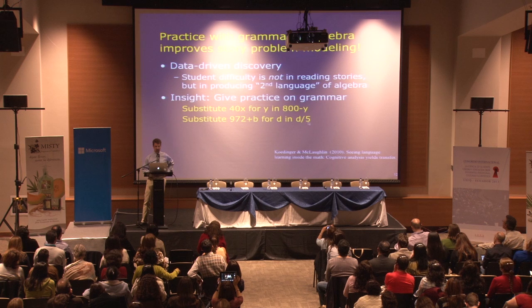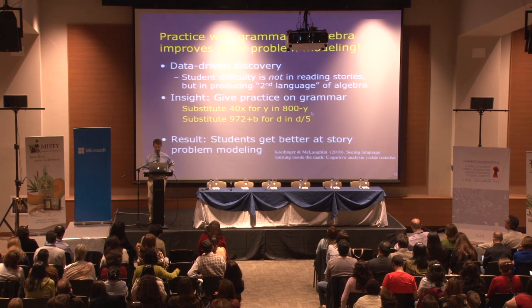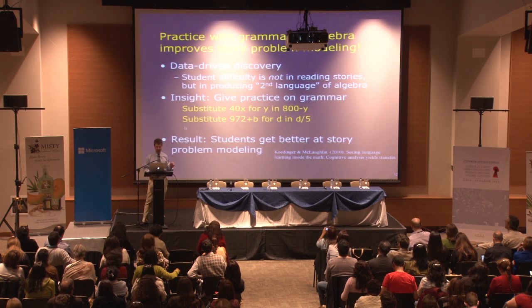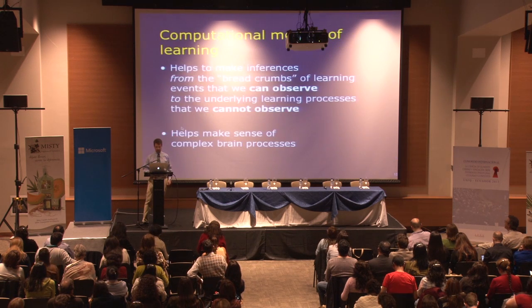And if you know your math, this one's going to involve adding parentheses, right? So some subtleties here, but we're isolating that key gap that our data indicated was problematic. And the result is when we do that and compare students who are getting practice on story problems, we actually get better results by having them practice on these grammatical exercises, if you will.